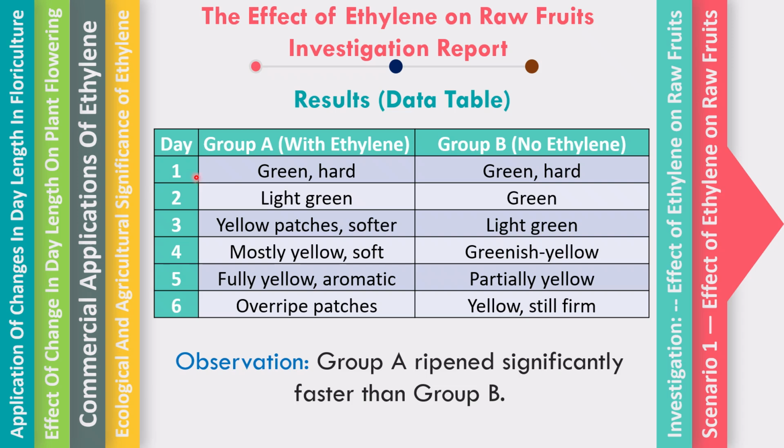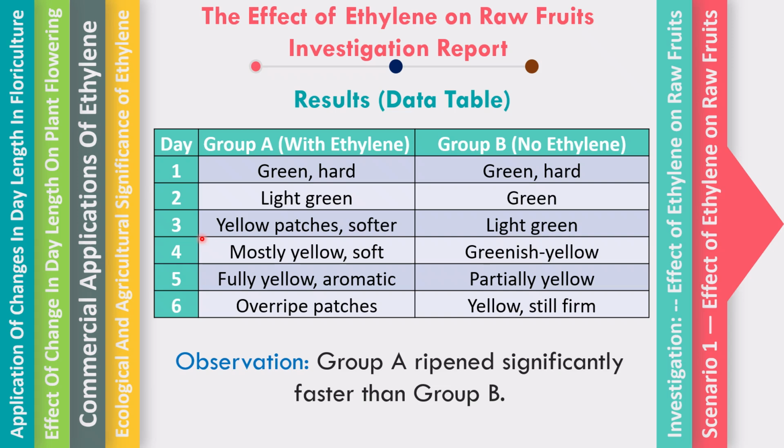On the first day, Group A were green and hard, and Group B were green and hard. On the second day, Group A with ethylene became light green, while Group B with no ethylene were still green.